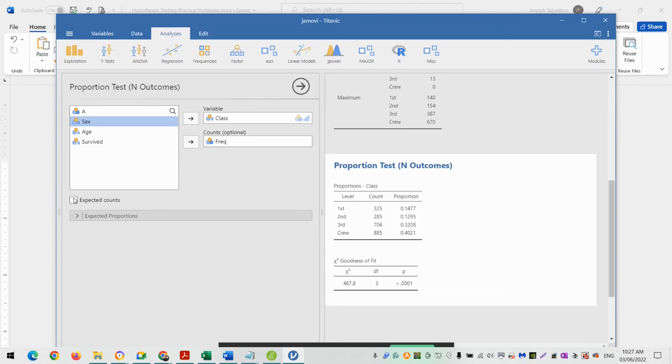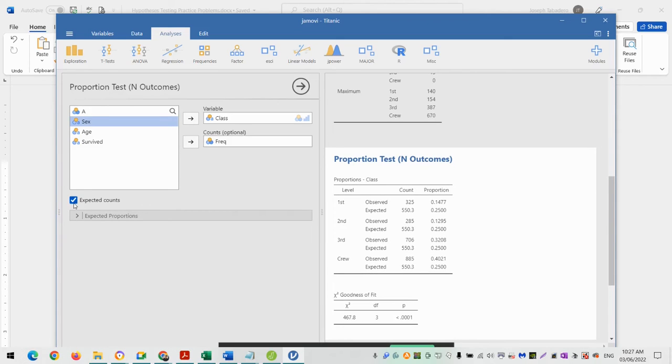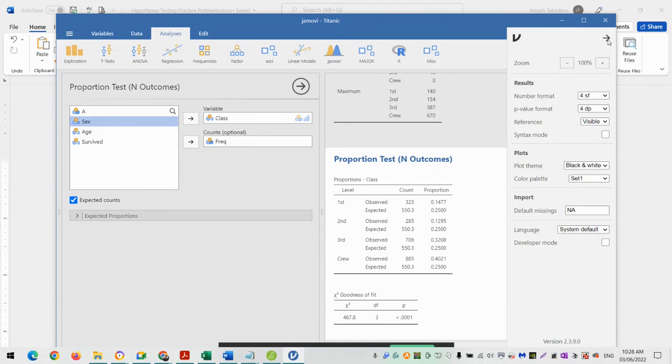If we now click the expected counts option, you will see yung mga expected counts na na-compute natin kanina na 550.25, which is reported here as 550.3. We can increase the number of decimal places by going to the results and looking at the number format.